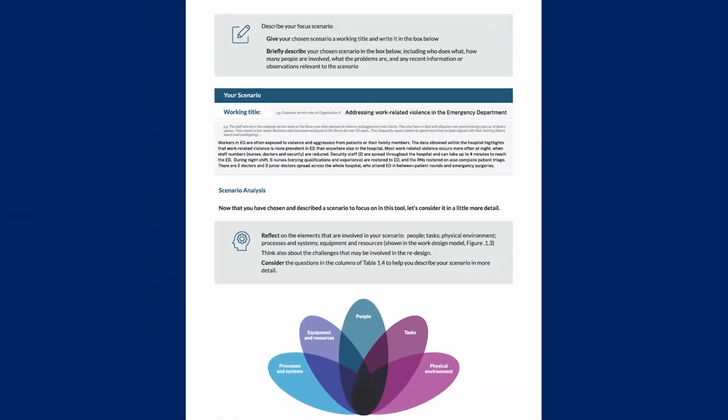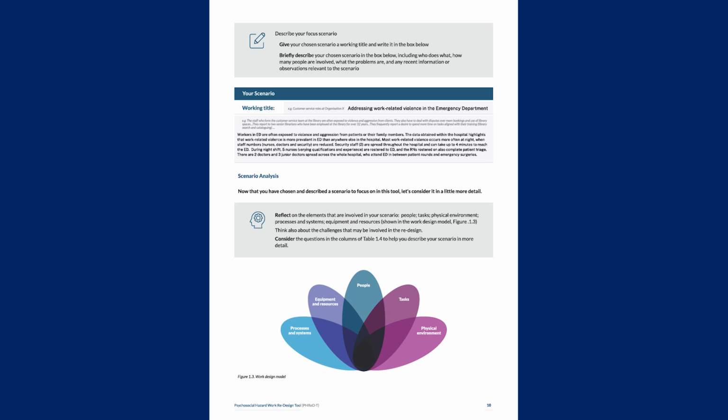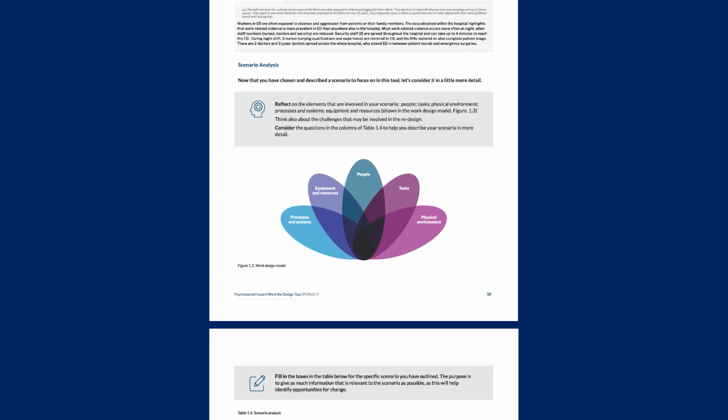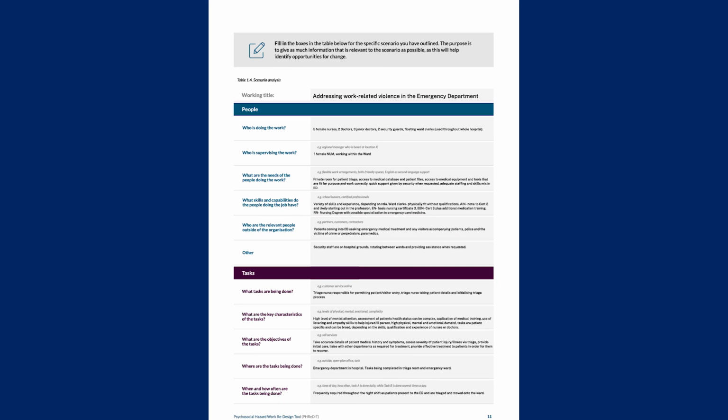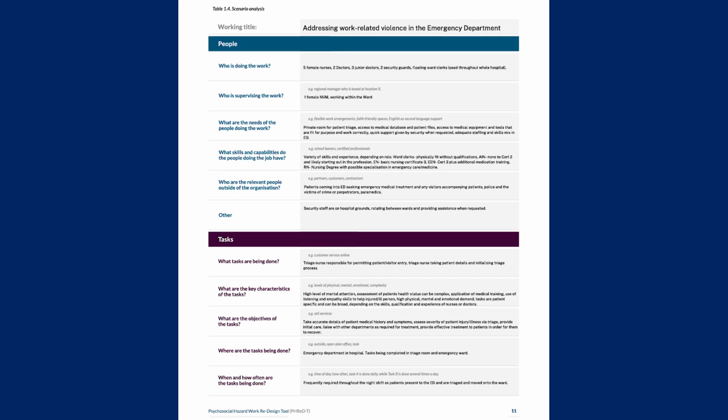And then after you've chosen the scenario that you're going to focus on through the rest of the tool, in step 1, we analyse that scenario in a little bit more detail. It's kind of like a modified task analysis. It really gets you to pull apart all the elements of that scenario.